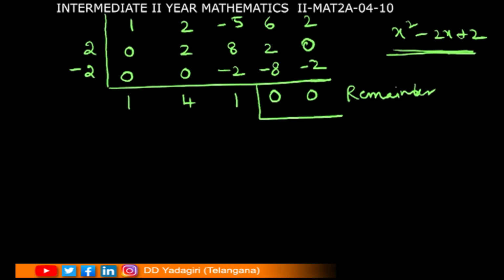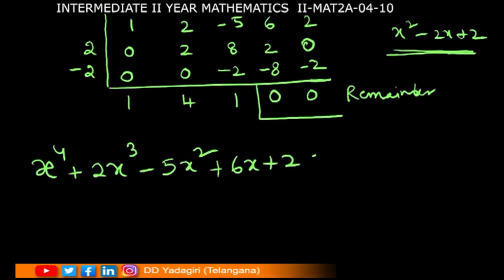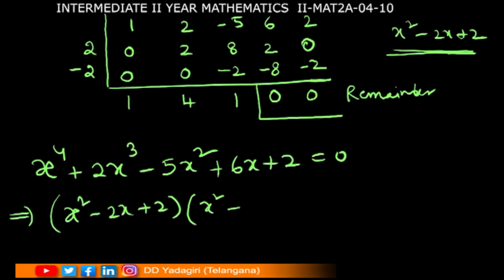So what is the polynomial we have? x power 4 plus 2x cube minus 5x square plus 6x plus 2 is equal to 0 is the given equation. So what are the factors for this? x square minus 2x plus 2 and x square plus 4x plus 1.